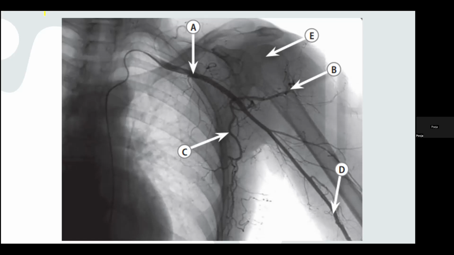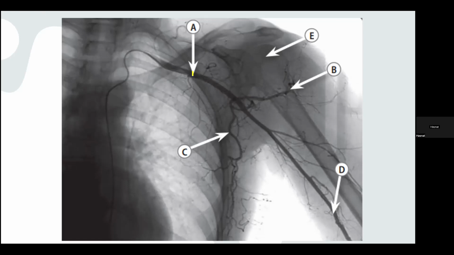I want to answer. A is subclavian. What is B? B is anterior circumflex artery. Posterior circumflex, okay. C is lateral thoracic artery.